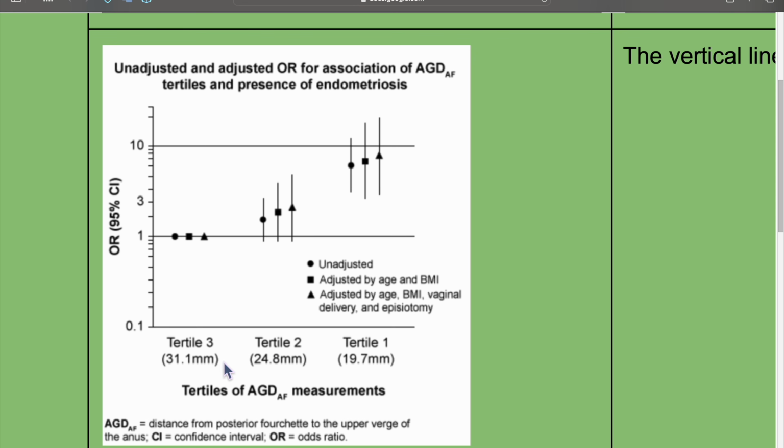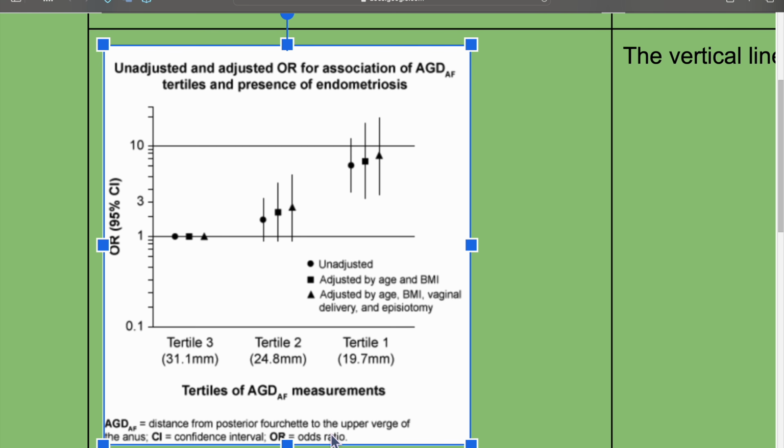As the tertiles go, the AGD distance decreases, right? AGD is the distance from the posterior fourchette to the upper verge of the anus. So they're trying to prove that the shorter the distance, the more the chances of endometriosis increase, right?